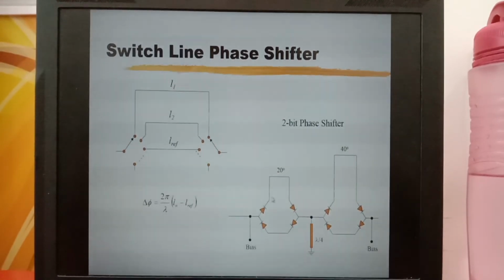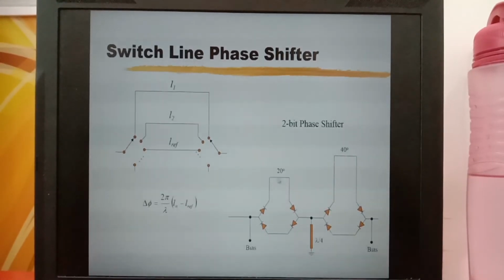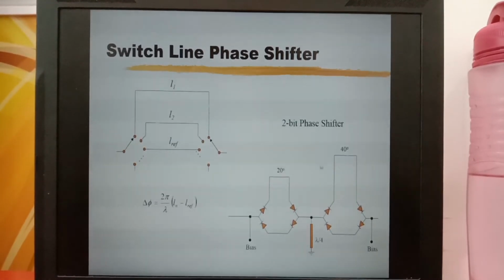But if this transmission line is selected, then we will get an additional 20-degree phase shift, and if this transmission line is also selected, we will get an additional 40-degree phase shift. That means using these two voltages, we can get 4 different degree of phase shift.